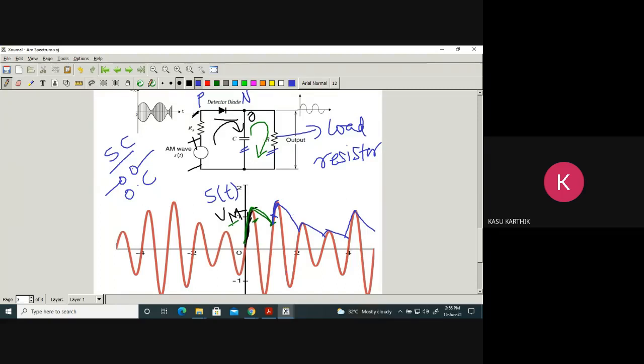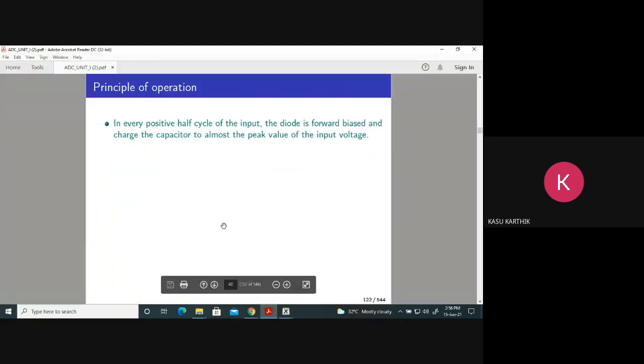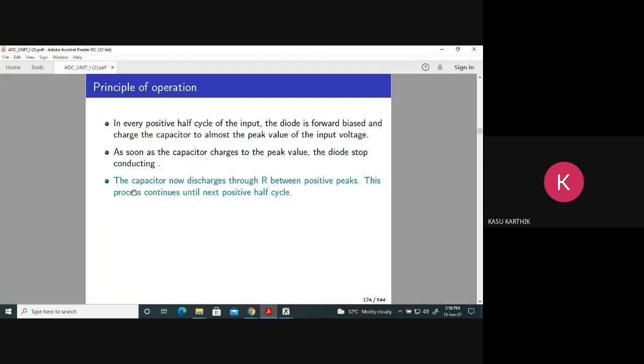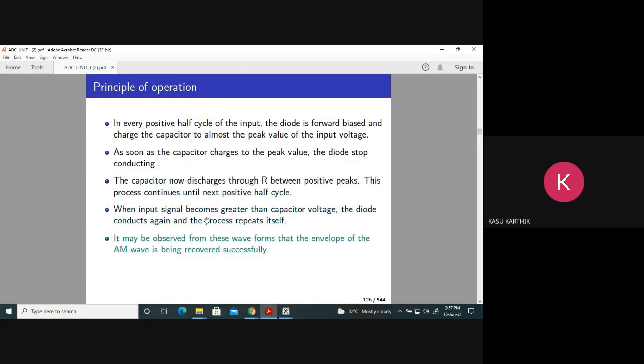As soon as the capacitor charges to the peak value, the diode stops conducting because it is reverse biased. The capacitor now discharges through RL between positive peaks. This process continues until the next positive half cycle. This is what I explained just now.